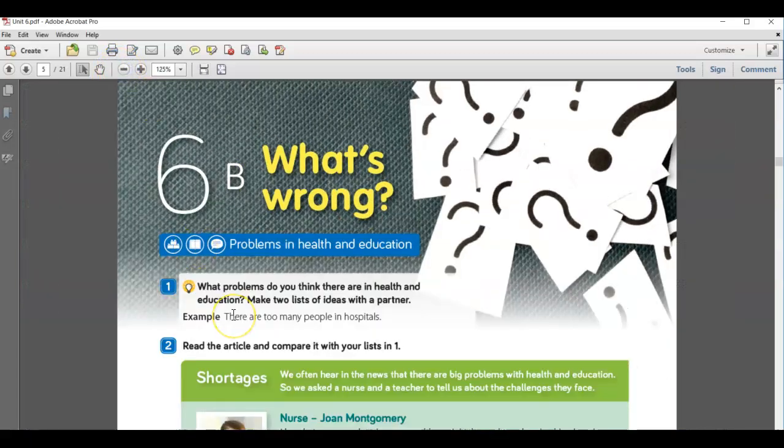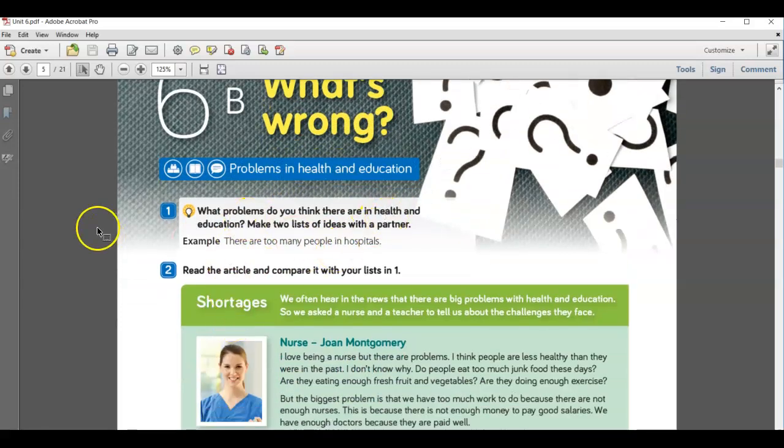So this is a reading lesson. Okay, what's wrong? Problems in health and education. Just in your book or notebook, what problems do you think there are in health and education? Make 2 lists of ideas by yourself.